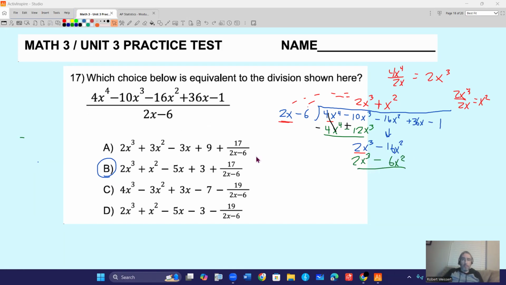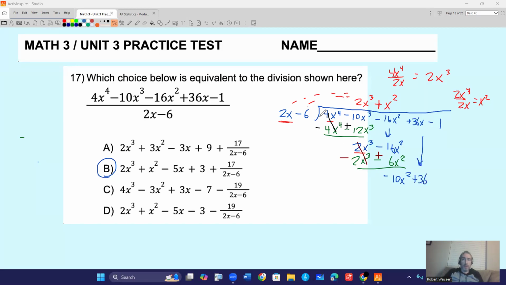All right, we're going to go ahead and subtract down to cancel those out. Negative 16x squared plus 6x squared is going to give you negative 10x squared. Bring down the 36x.